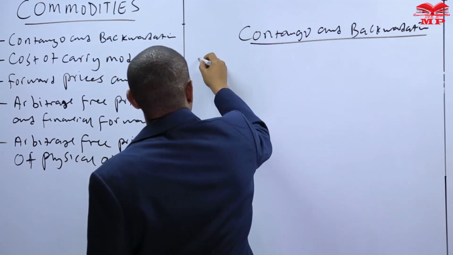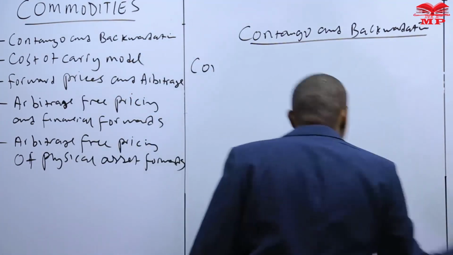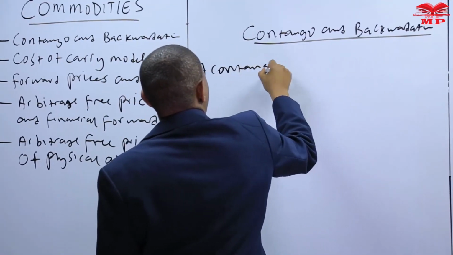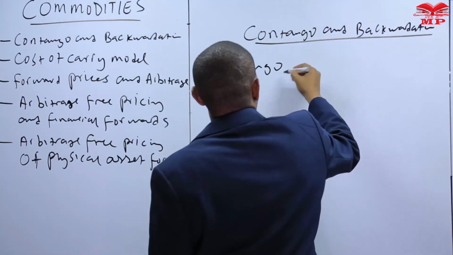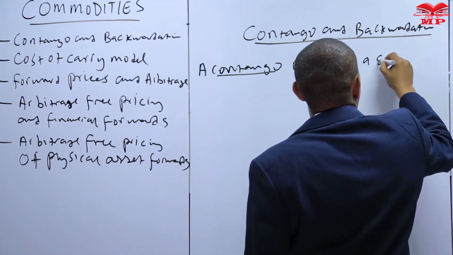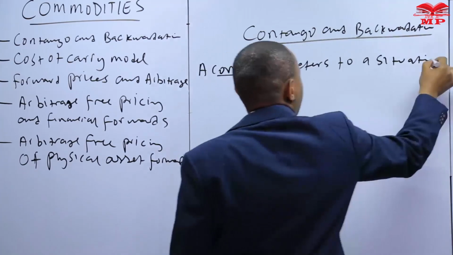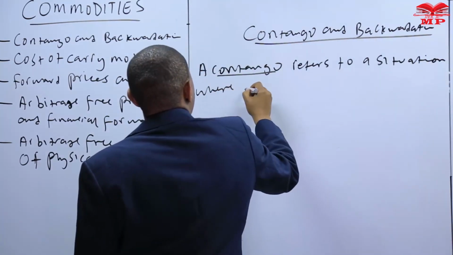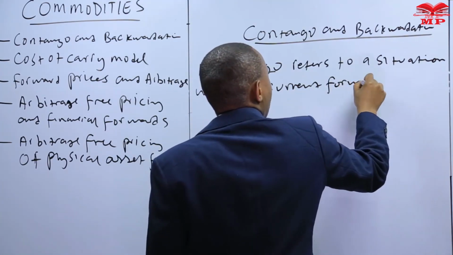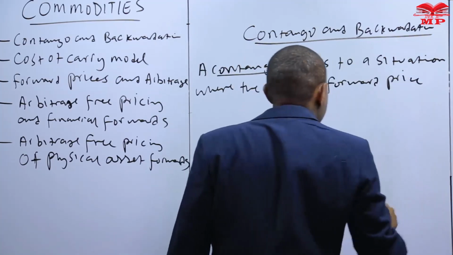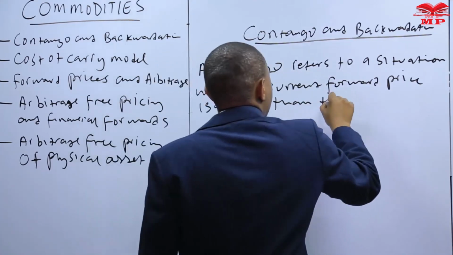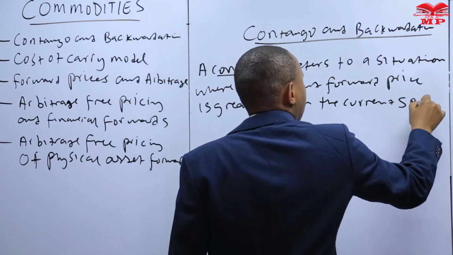A contango refers to a situation where the current forward price is greater than the current spot price.